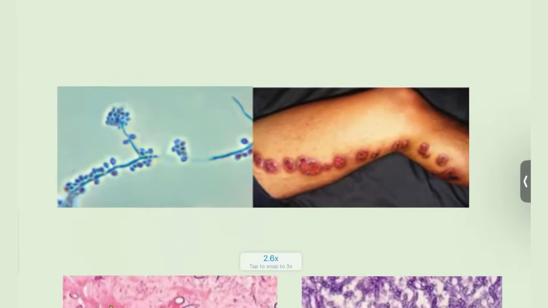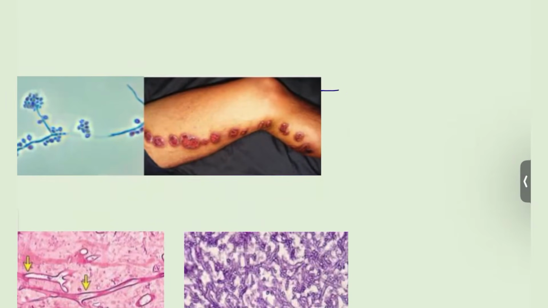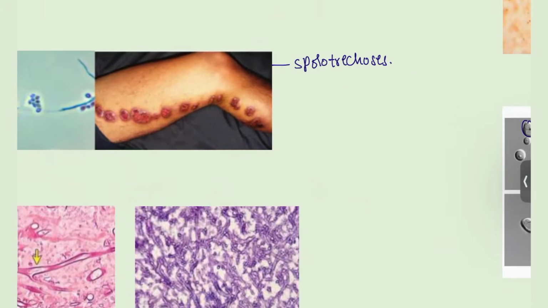Next, this condition is sporotrichosis. Commonly, this condition is also known as Rose Gardener's disease. On histology, you are going to see the cigar bodies or the asteroid bodies.